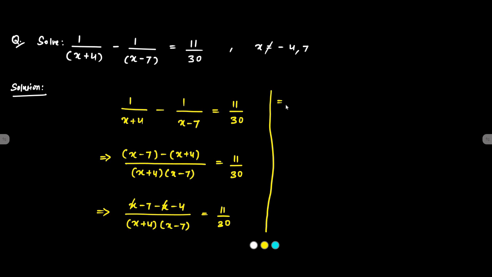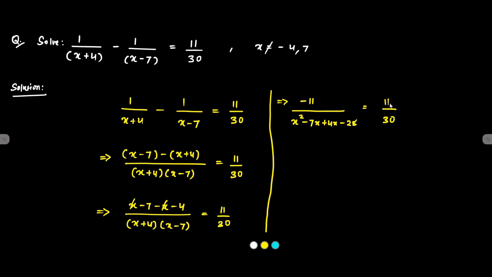Then we'll open the denominator: x square minus 7x plus 4x minus 28, is equal to 11 by 30. Here we have just opened the brackets.